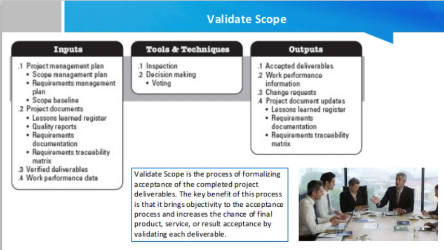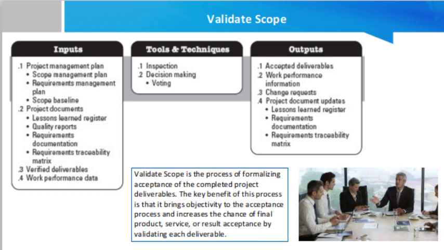A well documented requirement makes it easier to detect any deviation in the scope agreed for the project or product. Requirement traceability matrix. The requirement traceability matrix links requirements to their origin and tracks them throughout the project lifecycle. It also compares the performance of the project with the project management plan and links a requirement to every objective to add business value to the deliverables.